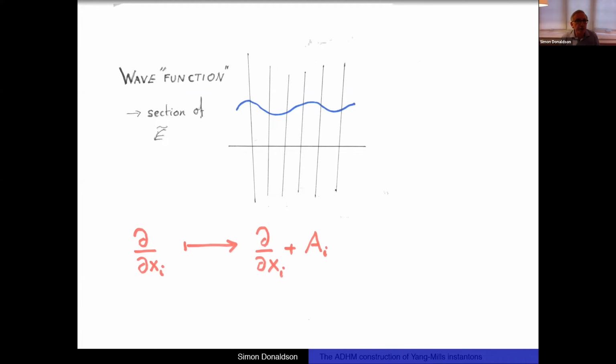The idea is that, going back to electromagnetism, we talk about the wave function in quantum mechanics, but really that shouldn't be thought of as a function, but a section of a vector bundle. And we should replace the ordinary derivatives by these covariant derivatives involving the contributions from the electromagnetic potential. This is the way we should modify the usual quantum theory in the presence of an electromagnetic field.